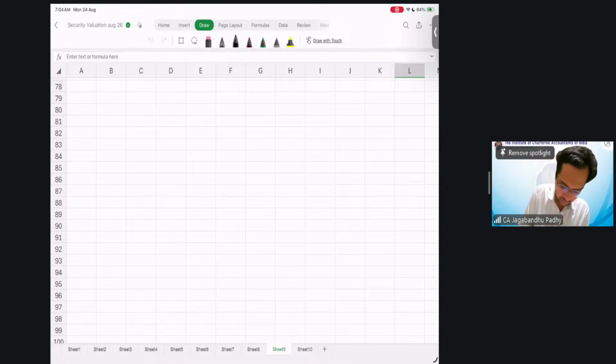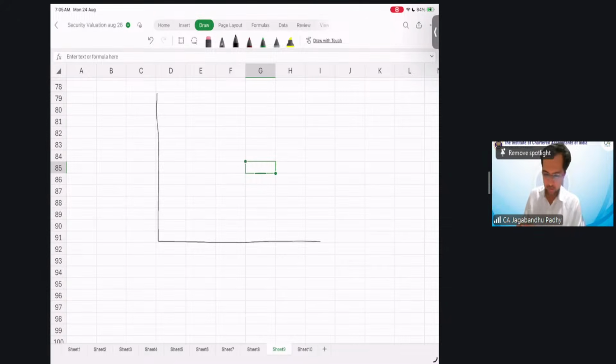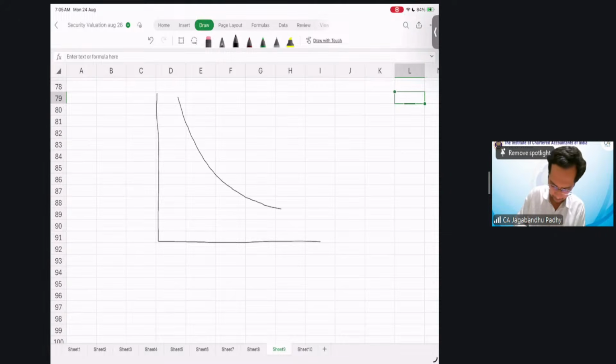What we have observed is that there is a curve when it comes to bond value with respect to YTM.